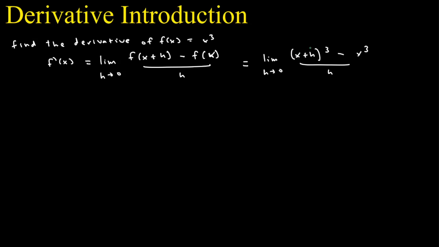And then you can either remember Pascal's triangle or just know how the expansion of the cube looks. To expand this, we'd get x cubed plus 3x squared h plus 3xh squared plus h cubed, minus x cubed, divided by h.